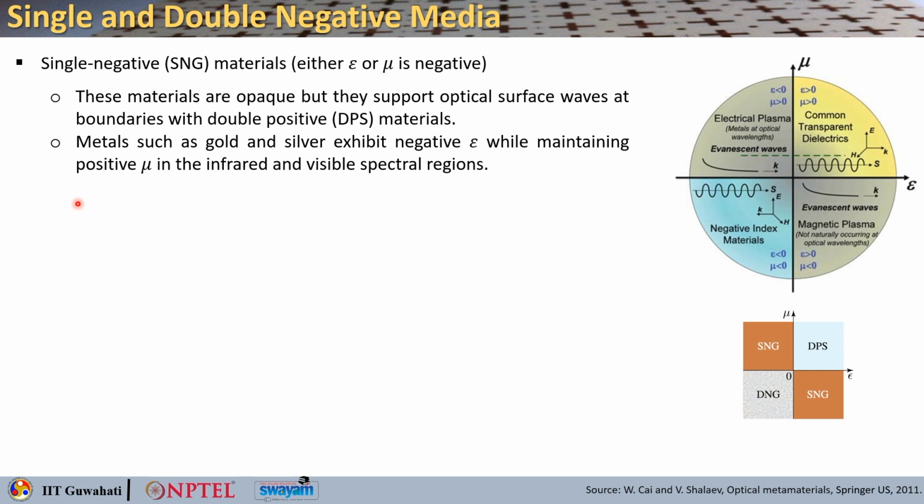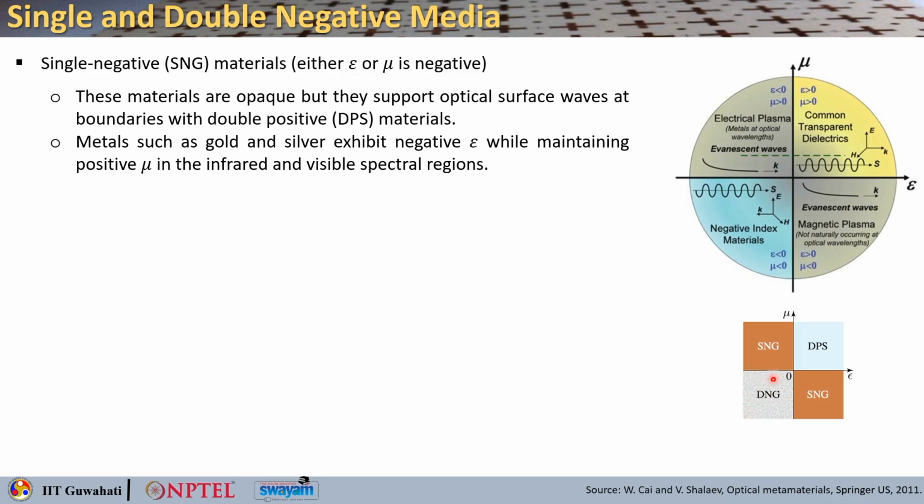Let us now look into the single and double negative media. Here you see the coordinate axes, with epsilon on the horizontal axis and mu on the vertical axis. This is the origin, so this part is positive for epsilon, this is positive for mu, this is negative for epsilon, and this is negative for mu. We are considering single negative materials, where either epsilon or mu is negative.